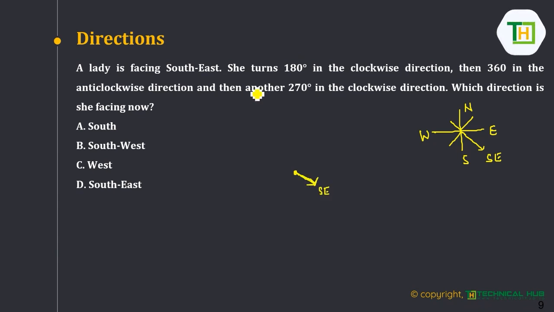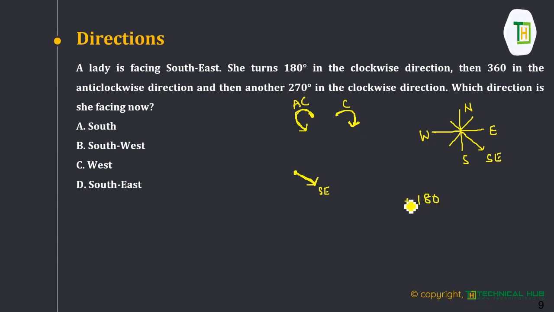Now what she did, she turns 180 degrees in the clockwise. So clockwise means this direction because we know that the hands in the clock move in this direction. So anti-clockwise means in this direction, right? So opposite to the movement of the hands in the clock. This is clockwise and this is anti-clockwise. Okay. Now what she did, 180 degrees in the clockwise.